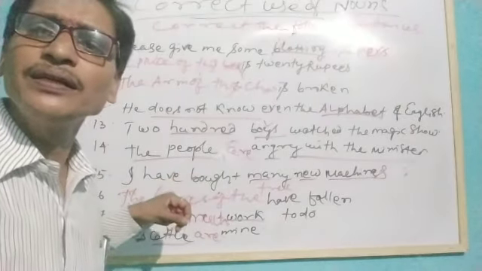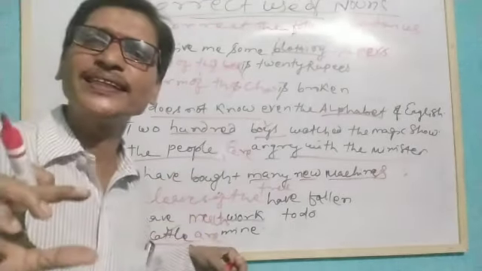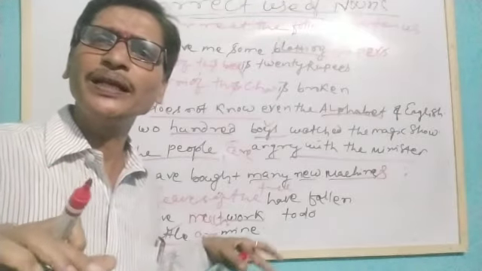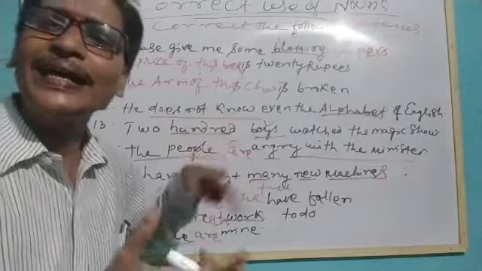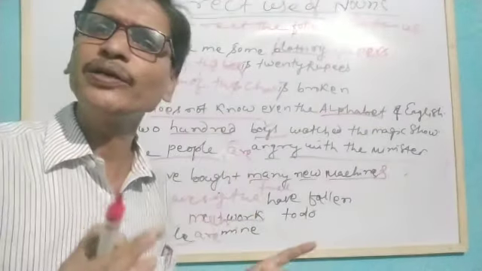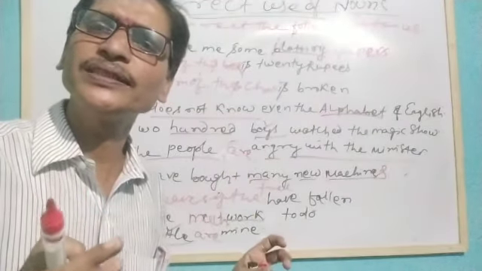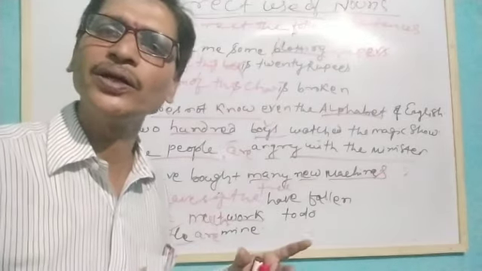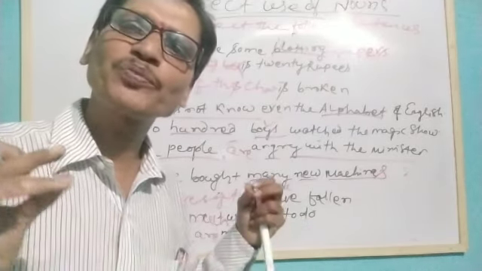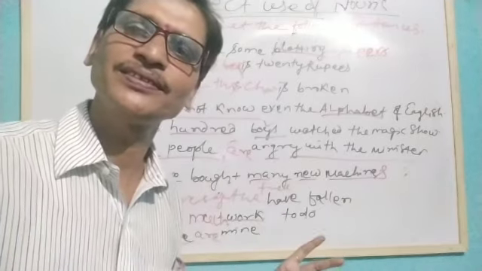Let me tell you another 2 to 3 sentences so that we complete one part of this exercise 5. For the other part, I will send you the questions as well as the answers so that you can understand and write them in your notebooks.